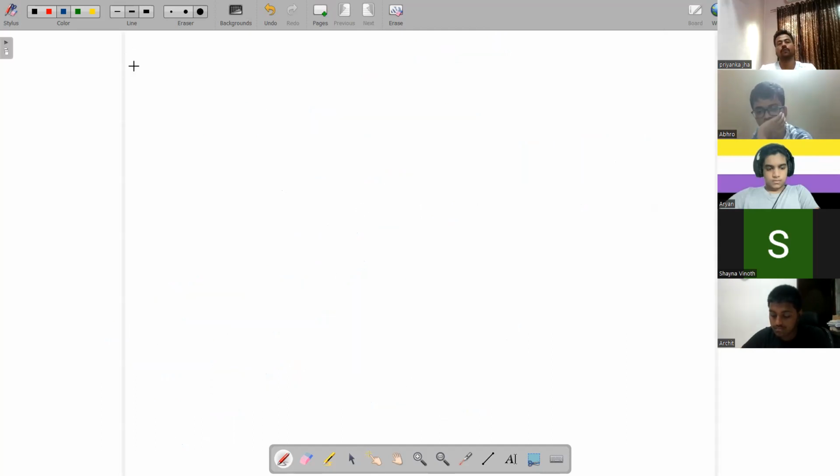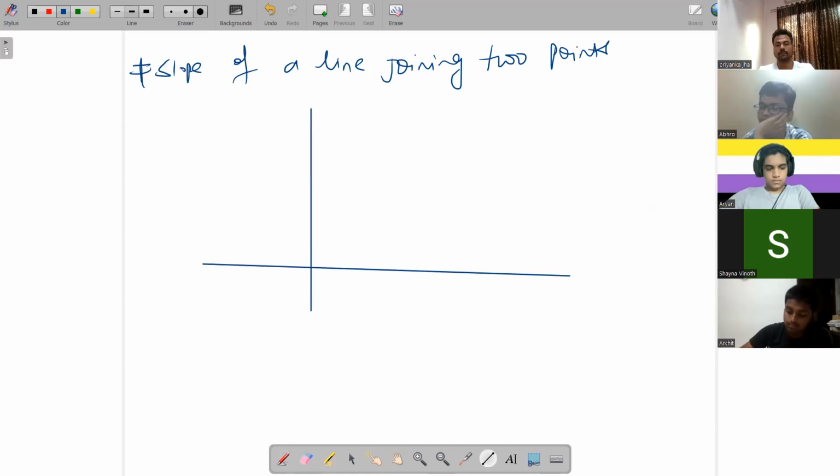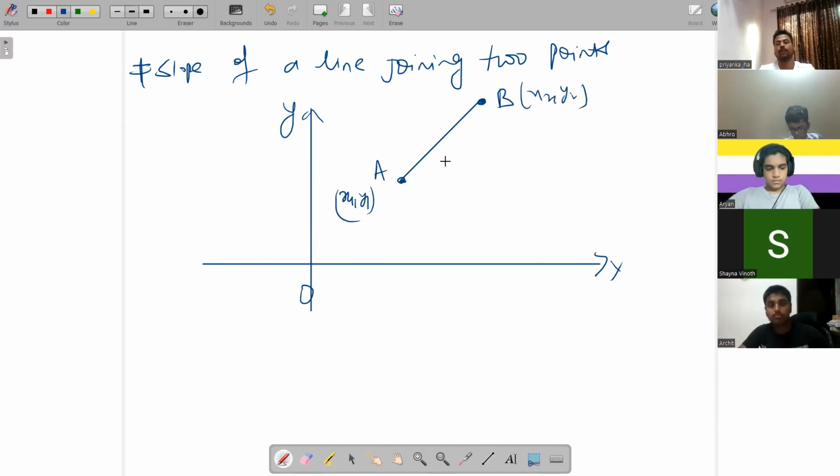Now, the slope of a line joining two points. Suppose this line segment joins two points A and B. The coordinates of these points are x1, y1 and x2, y2.